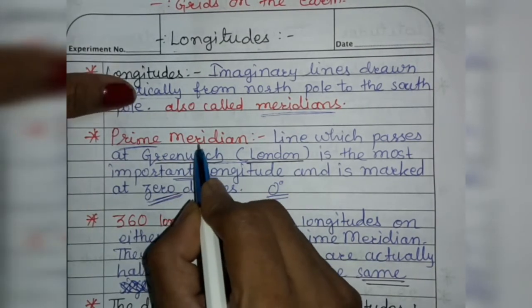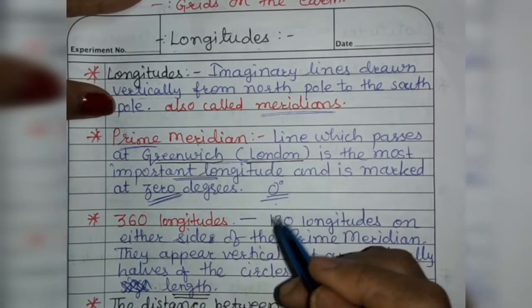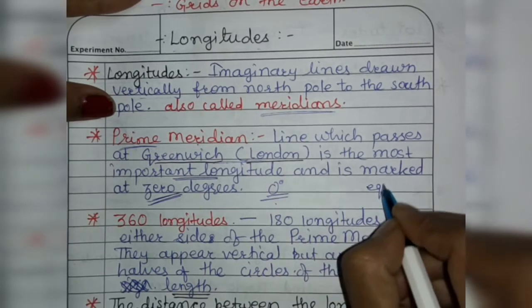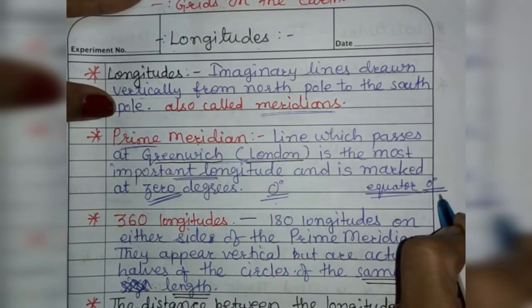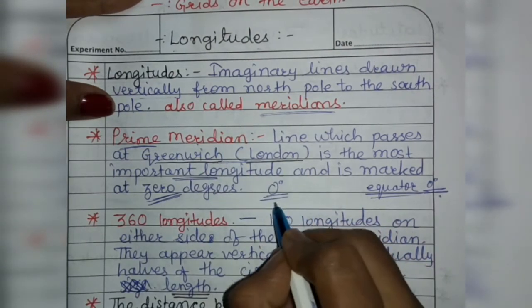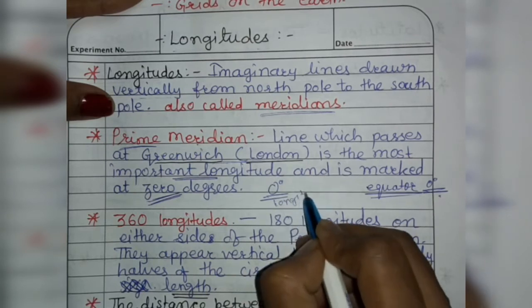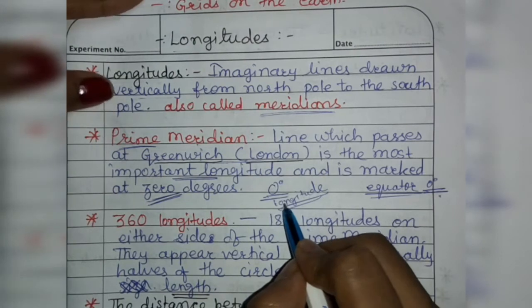Just as we gave the 0 degree latitude a special name, the equator, in the same way the prime meridian is the 0 degree longitude.